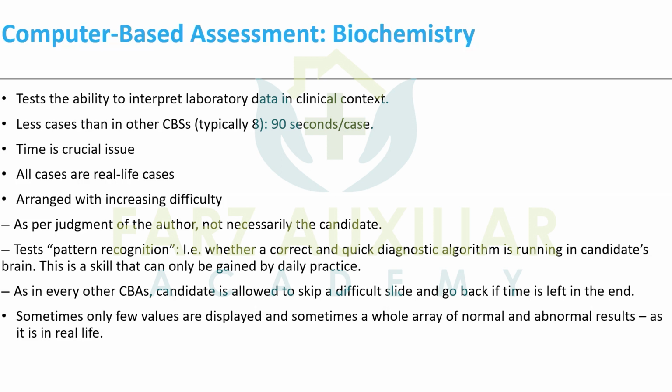Then 2 to 3 questions from the ventilator screen. So this is the one station in which 10 to 12 questions will be asked related to ECG, ventilator and monitor screen, and the total time is 15 minutes. So maybe around 1 minute for one question, roughly.